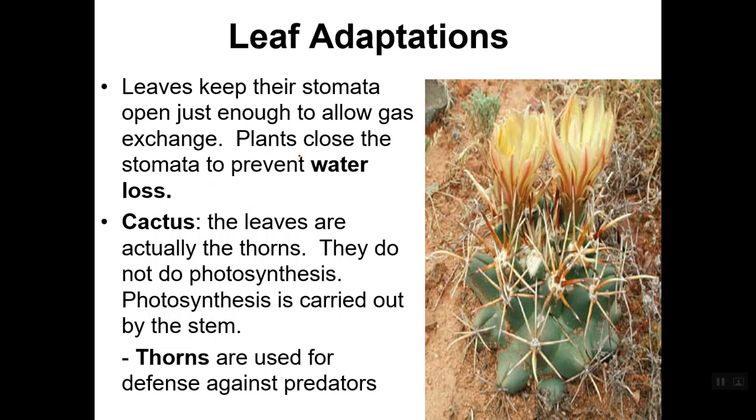In the hot summer days, or even winter days, I guess, if you're in a hot desert, plants usually have their stomata closed all day long and they only open them at night. And you don't have to be a desert plant or a cactus to do this. But what you're going to see, and what we'll talk about, is that in general, stomata are typically open at night.